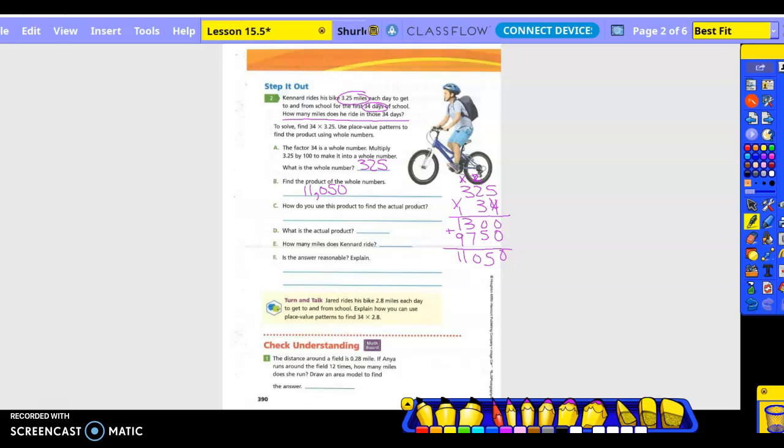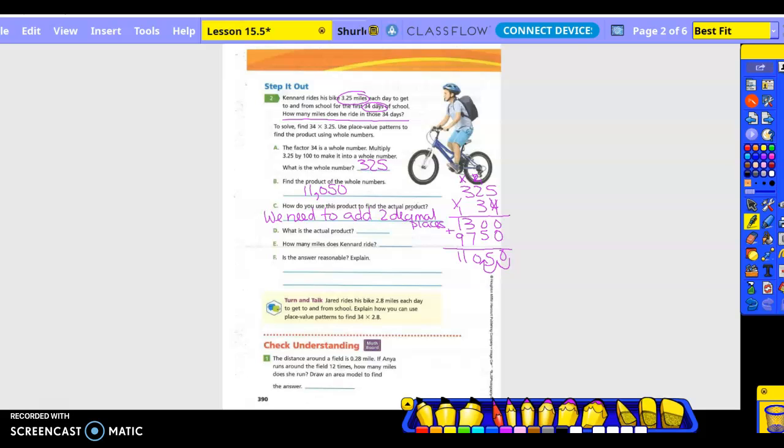So now my product of those is 11,050. How do you use this product to find the actual product? Now we need to go back in and add the decimal places. Okay, so the actual answer, if we go back in and add 2 decimal places, I'm going to come down here and loop 1, 2 times.